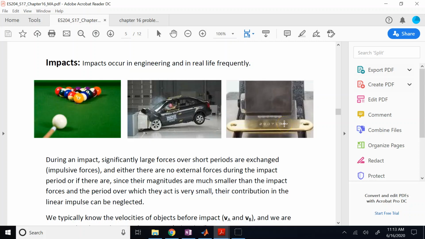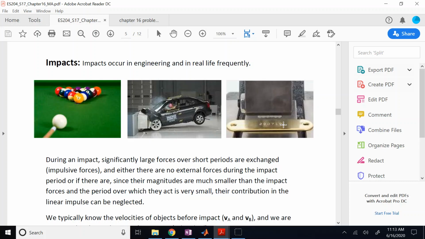They happen a lot. There are very basic things that happen on a daily basis, whether you don't pay attention and run into somebody or into the wall. They're all collisions or impacts.